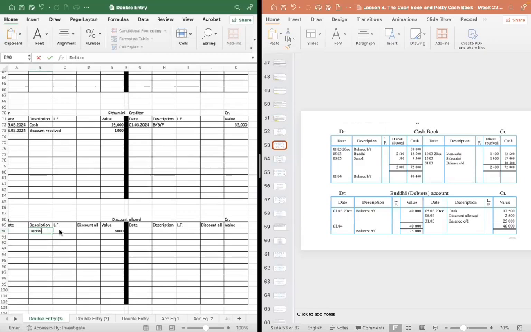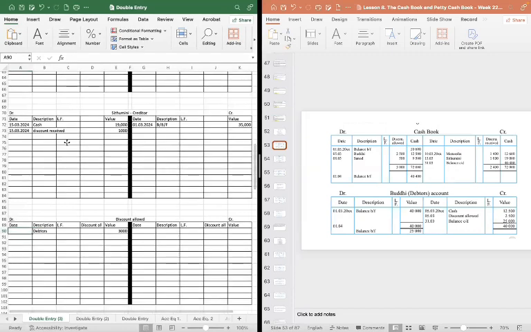So because of that, we make the description as debtors. The other entry of this debit entry has gone to the debtors account, so we make it as debtors account. We are doing this at the end of the accounting period for the month. So let's say it's 31st March 2024. The date should be that.